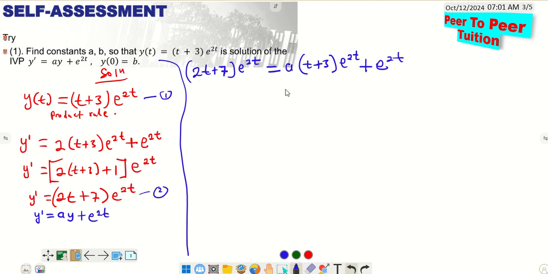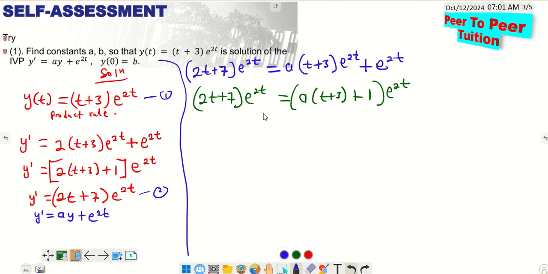So from here, let's do it step by step. We can factorize e^(2t) out here, so we have (2t + 7) multiplied by e^(2t) should be equal to, here I want to factorize, so a into bracket (t + 3), then plus 1, I'm factorizing e^(2t) out.